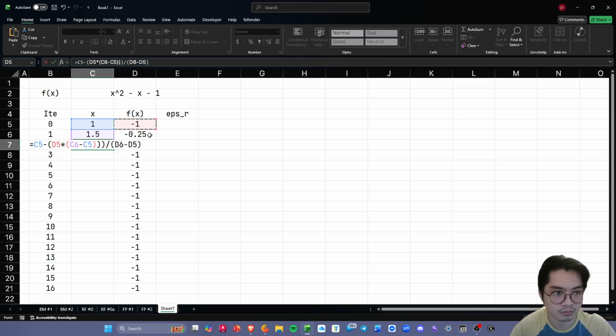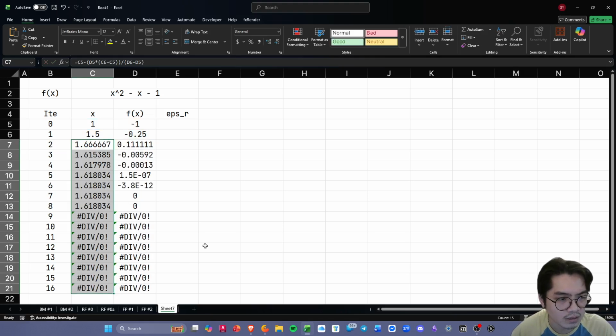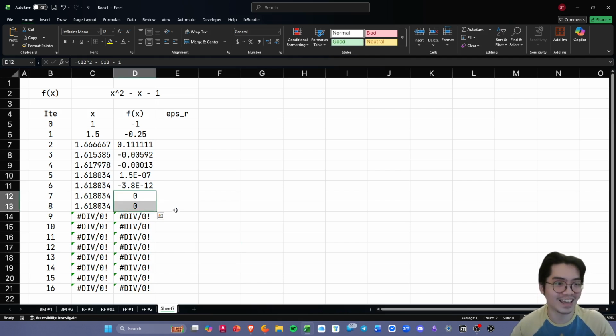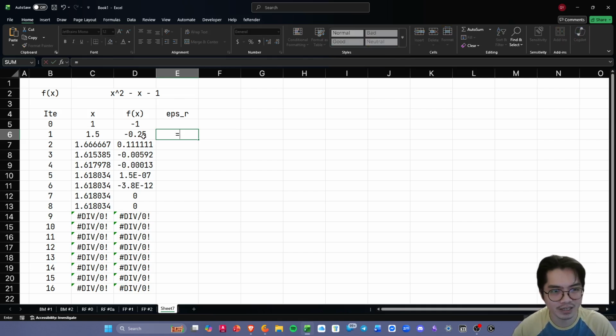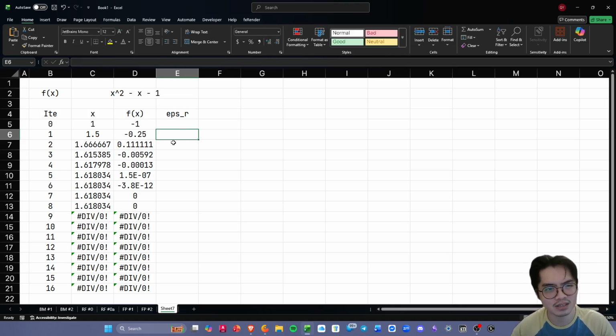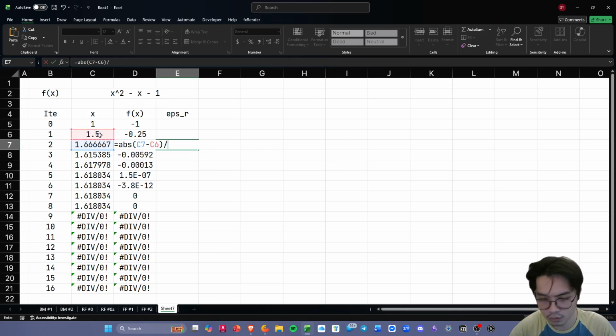There you go. That is now your new value. And we will just drag this down. See if this works. And it does work. There you go. And it stopped itself in here because at this point it said, you know what, this is close enough. Let's see our epsilon in here. Actually, you can't even put this in yet. There you go. We'll start in here because these two first guesses were just by chance. Let's just have this value minus this value all over this value.